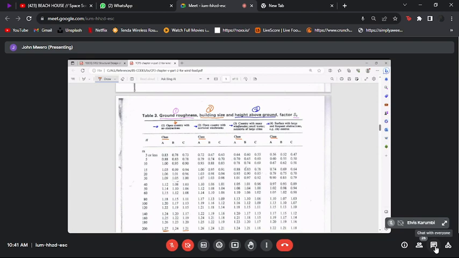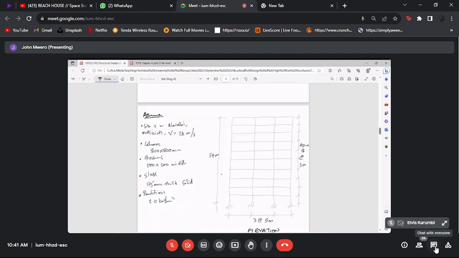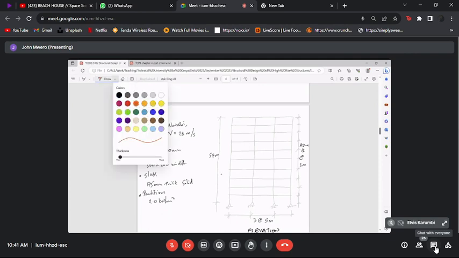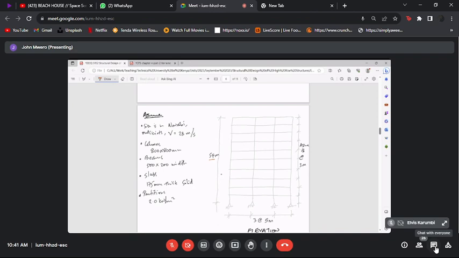And then we would go on and classify it as class C. Why is it class C? Because one of its dimensions is greater than 50 meters.